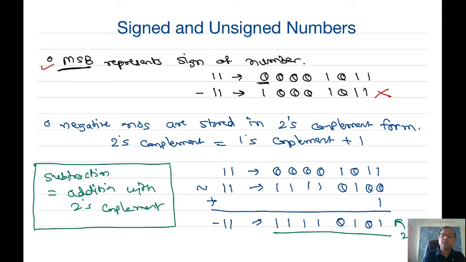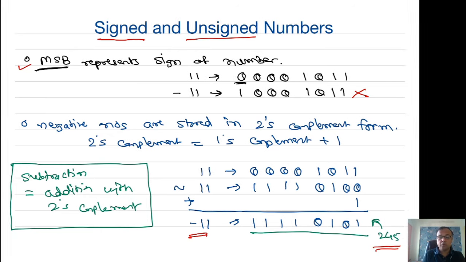And this is where your data types come into the picture. If you have kept your data type as a signed number, your computer will try to treat it as -11, while if you declare it as unsigned char, it will consider it as 245.